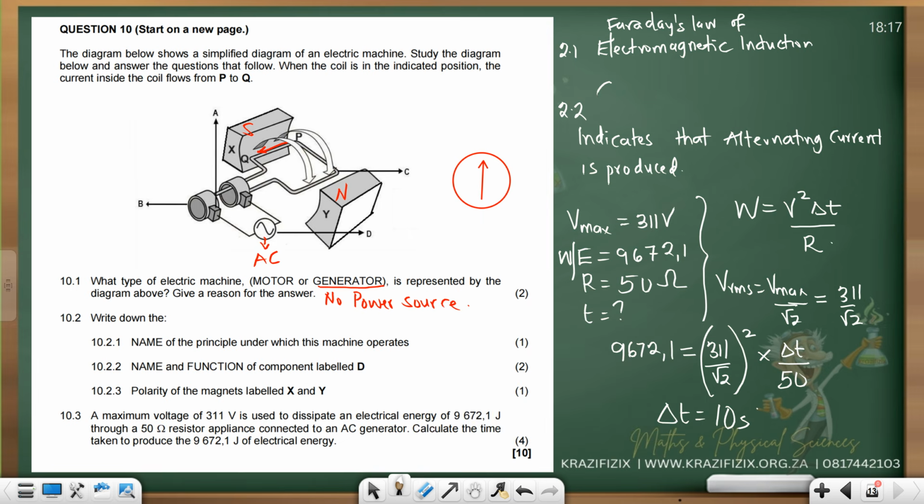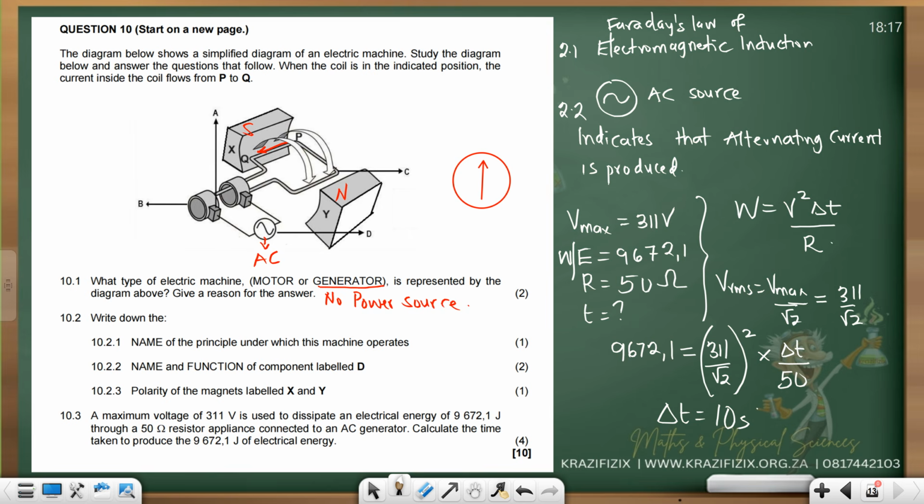That thing there, it's an AC source. So that's where we are going to connect our external circuit. It indicates that alternating current is produced.